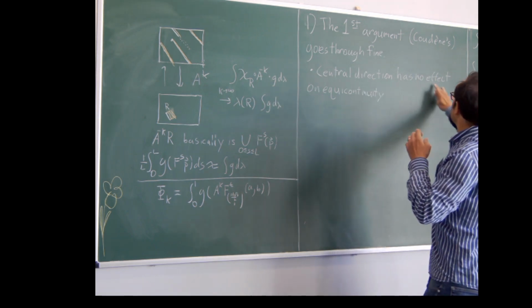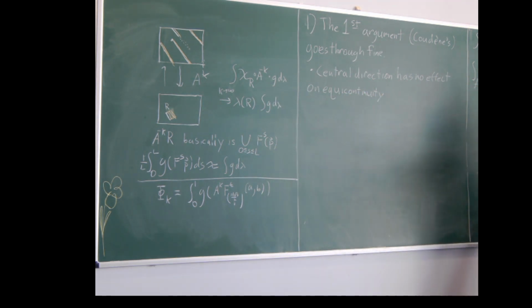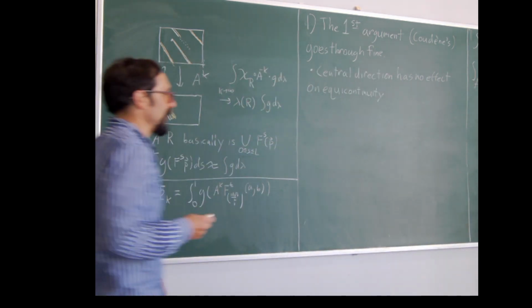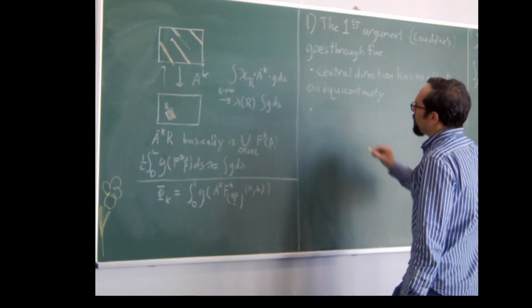So does it make sense that central direction has no effect on the equicontinuity of these phi sub k's? Do you want to ask a follow-up question or have me? No. Okay, great, cool. This is just by definition of these guys. Yes. Okay.